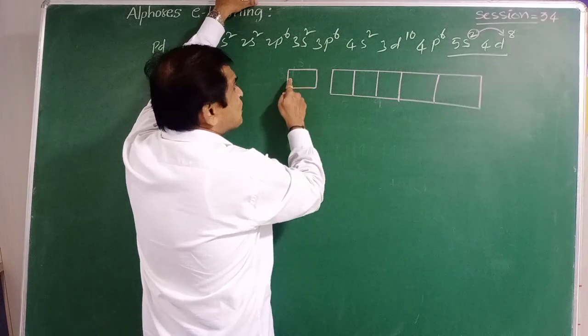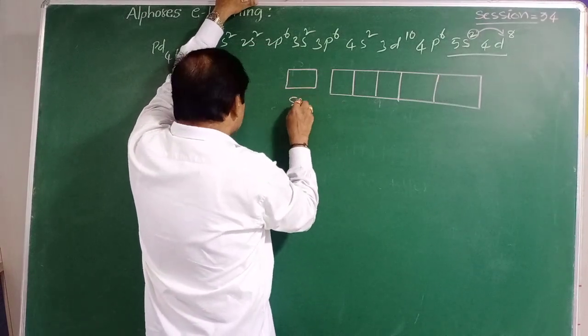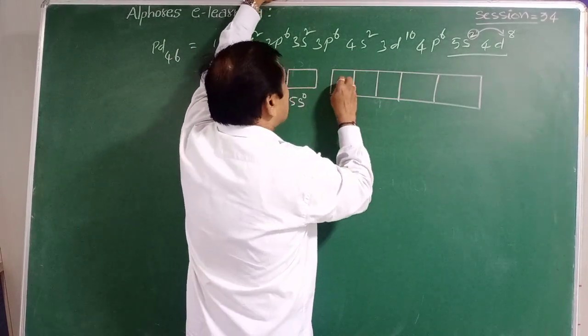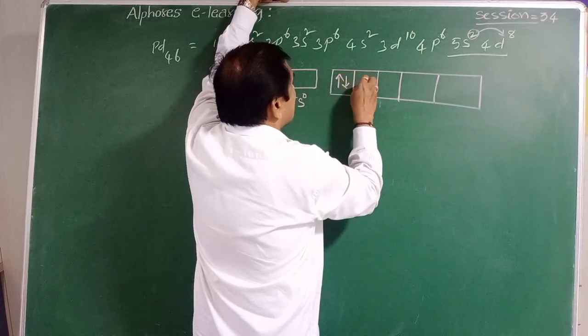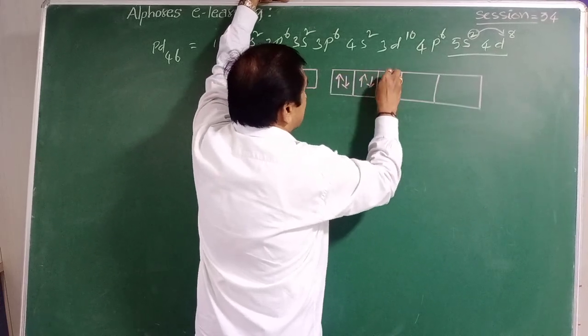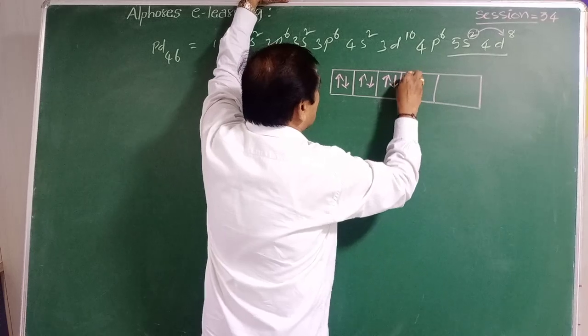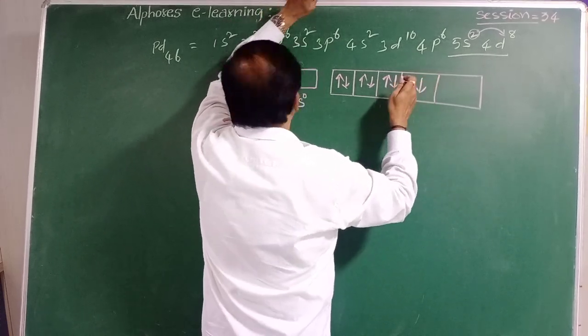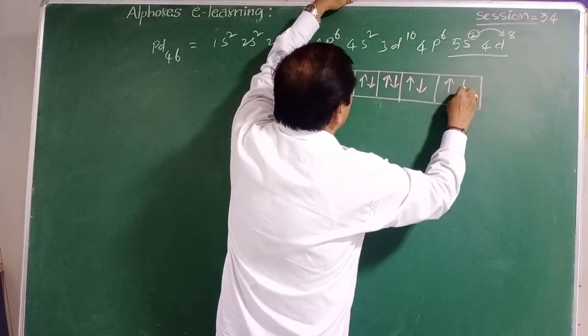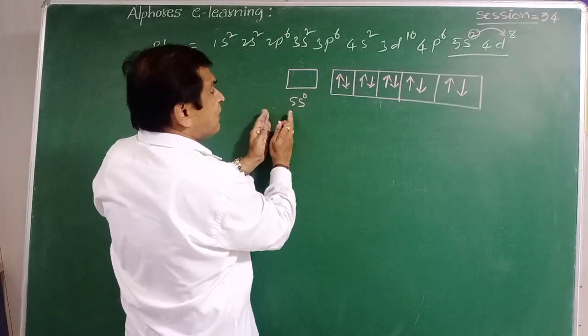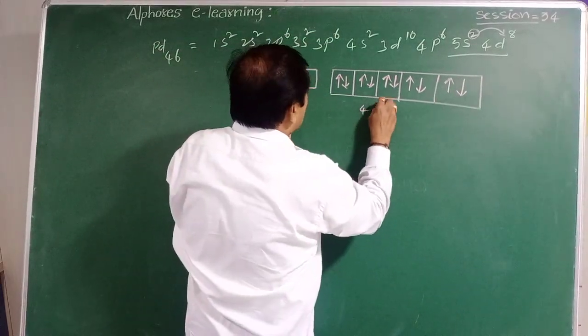The 5s orbital remains 0. So the palladium 46 configuration is 5s0 4d10.